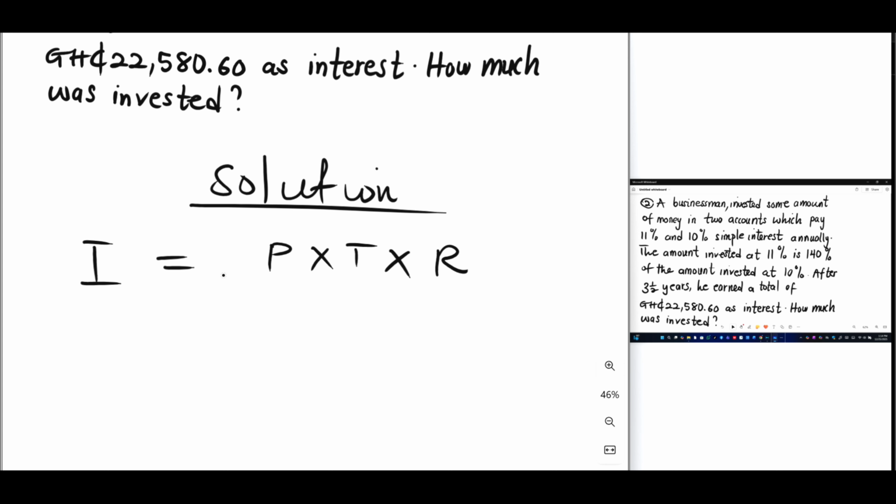If it's 5 years, then the time becomes 5. Then by the rate. So if it is 10%, you multiply it by 10%. This is how we determine the interest that we will be getting on any amount that we invest when it comes to simple interest.